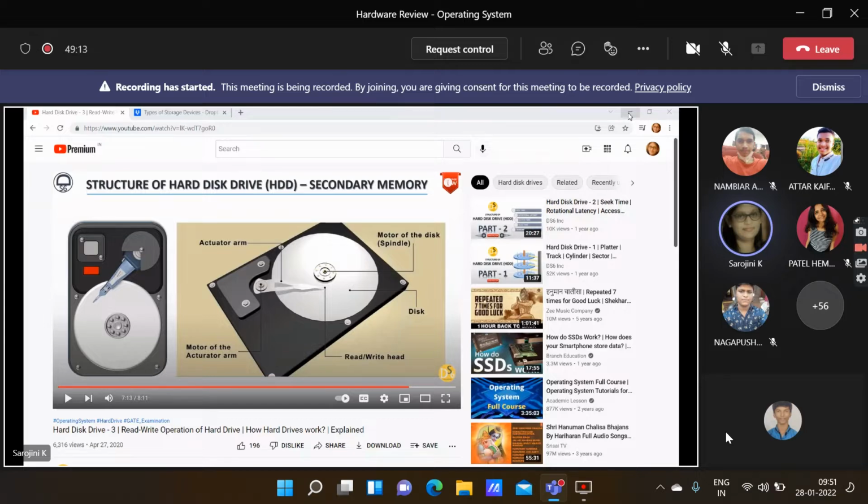There are many varieties of disks. If you look at the disk, it will have tracks, and inside the track sectors will be there. The difference will be how much data you can store in each sector. That will be the major difference.